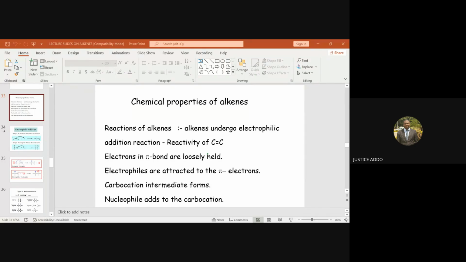They are electron rich. What makes alkenes electron rich is because of what? The second bond in the double bond, which is the pi bond, that contains the pi electrons, and these electrons are readily available for reactions. So that makes alkenes reactive. We'll be looking at a number of reactions.